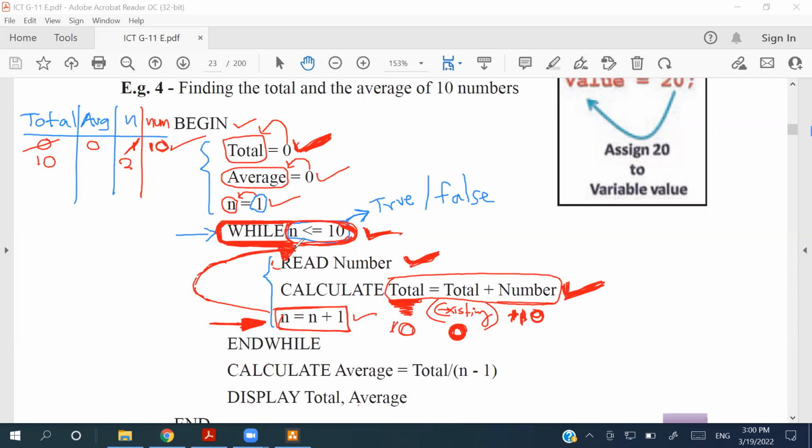And why is it happening? Because it is an iteration. In a selection, no such thing happens. But if it is an iteration, if we are at the end of the while structure, you are going to go up and check the condition again. If it is true, again these lines are going to happen. If it is false, then only it comes to the end while. Is that clear?